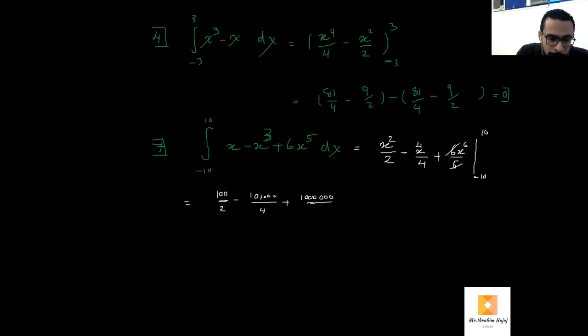Okay, sorry. So it's 1 million over 1, and then all of this we will do again. Since 2 is even, 4 is even, 6 is even, it will be the same thing here, which is 100 over 2, because -10 all squared is 100, right? And -10 to the power of 4 is 10,000, over 4, plus a positive million over 1.